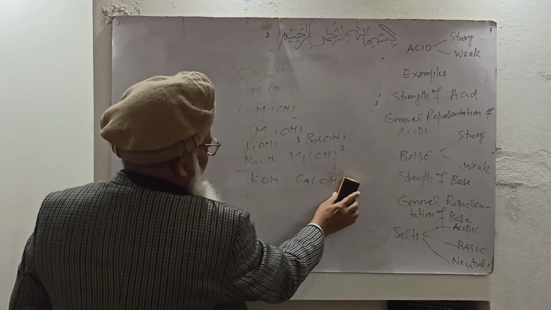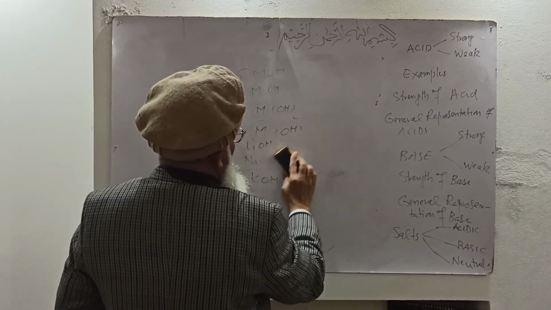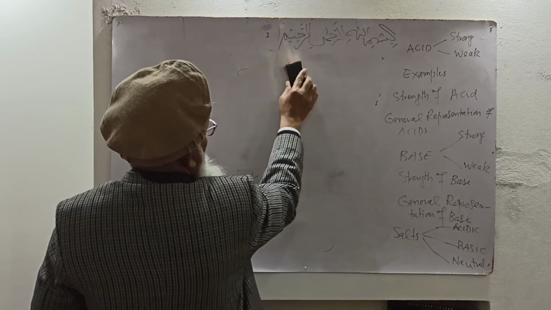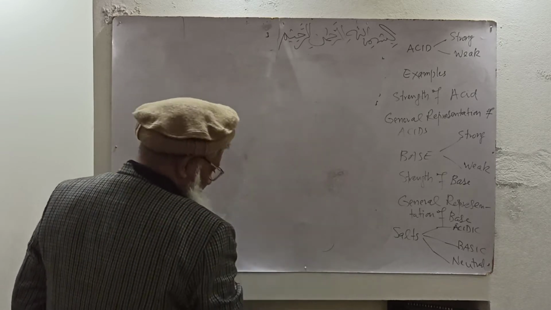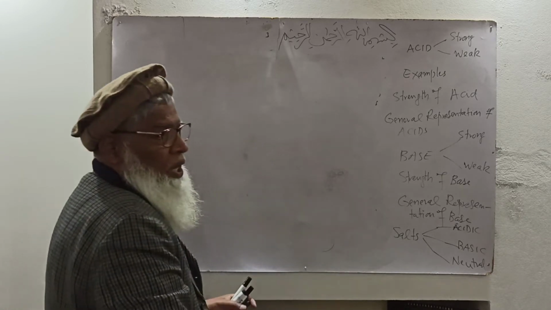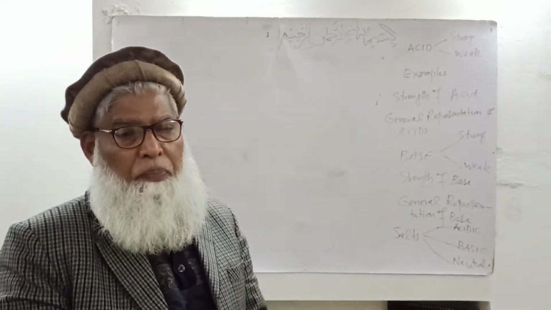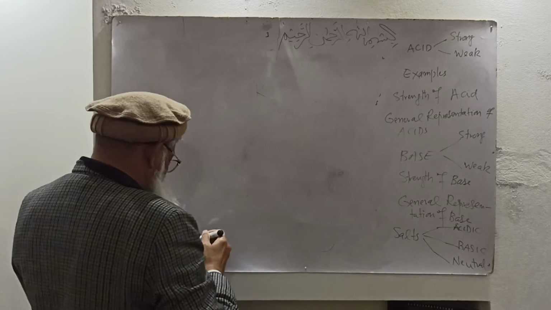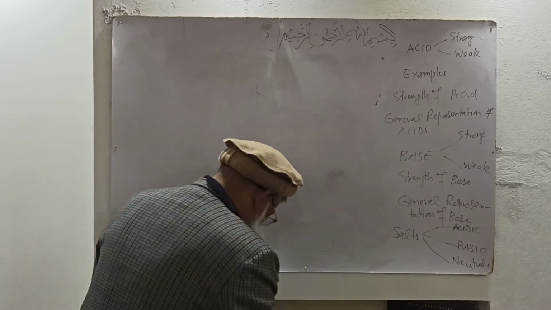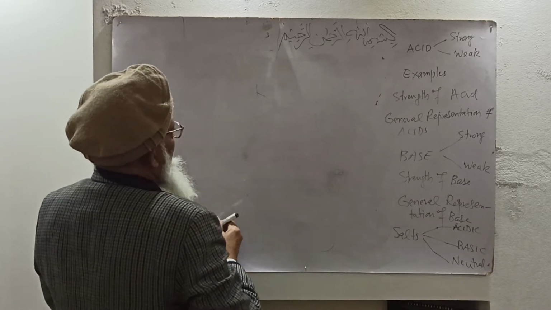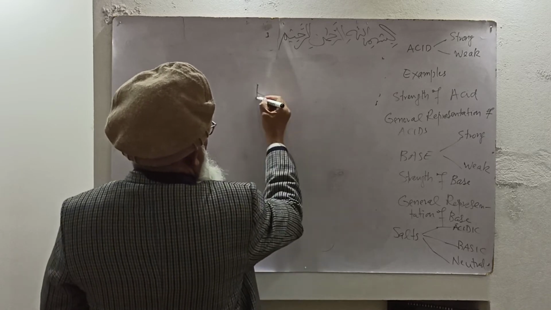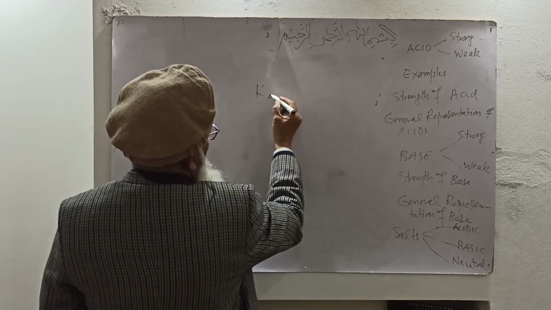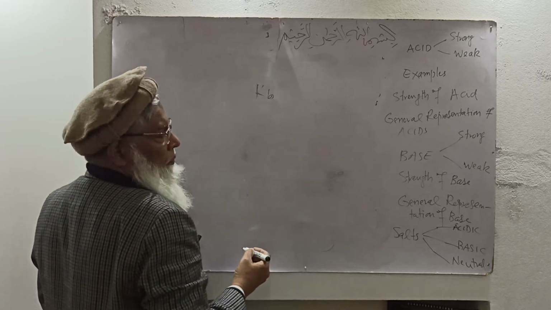As we have already discussed the strength of acids with the help of the Ka value or pKa value, similarly the strength of a base can be expressed by the Kb value.